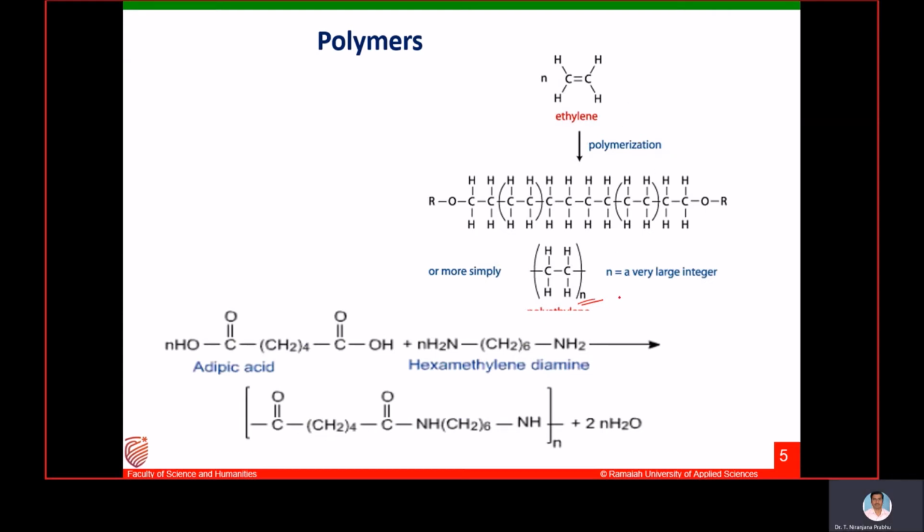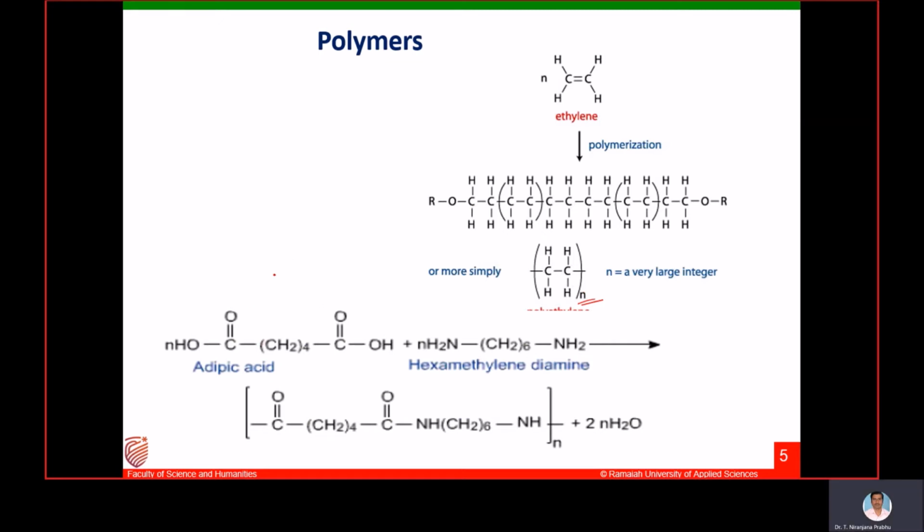Second, initiator concentration. If the initiator concentration is high, the reaction will proceed fast, and sometimes it may lead to a shorter chain rather than a longer chain. Then the monomer concentration, and even the pressure we maintain during the reaction, also decides whether a short chain or a long chain is formed. That matters. So all these factors contribute to the degree of polymerization.